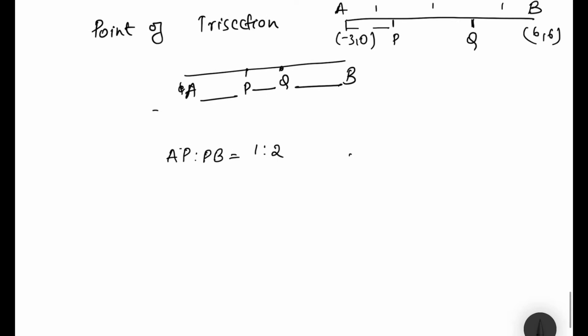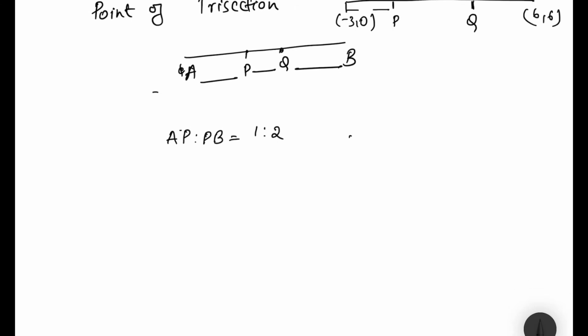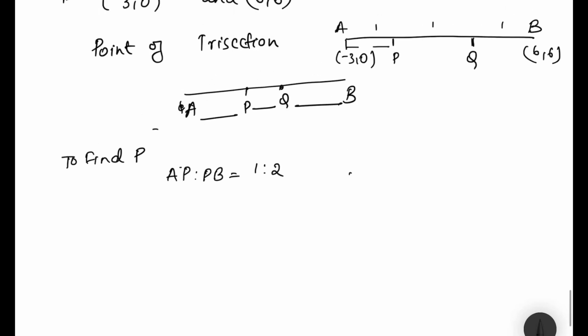Let me find out. To find P we will use this formula. You know the points, (-3, 0) and (6, 6), and the ratios also. So I can take this as x1, y1.